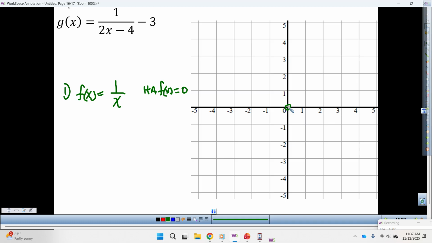So we're at 0. Do a dotted line going through 0 horizontally, or sideways. We also need our VA, or vertical, up and down. X equals, is there anything next to the x? No, so it's 0 again, up and down, dotted line.